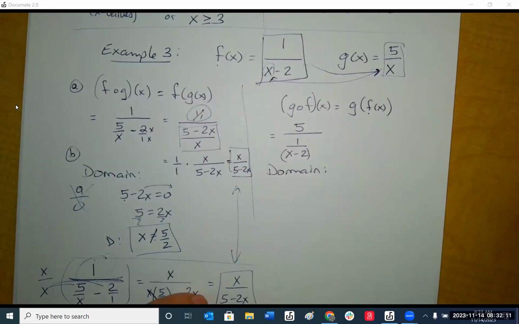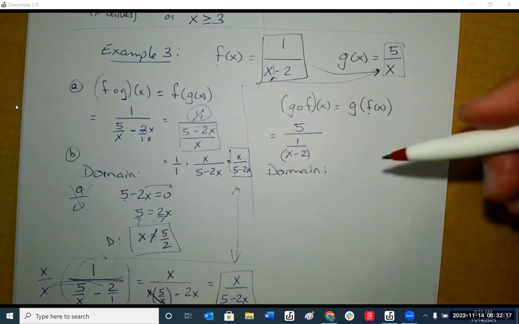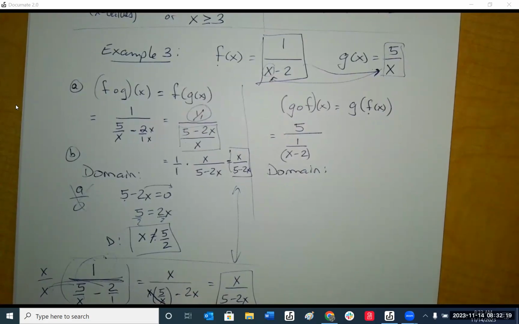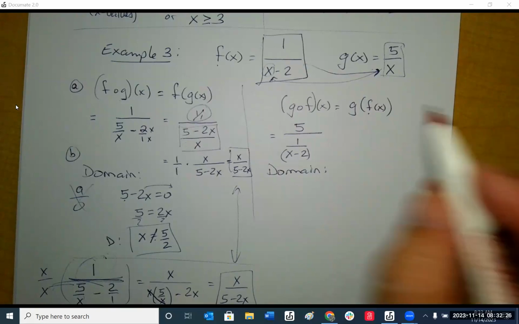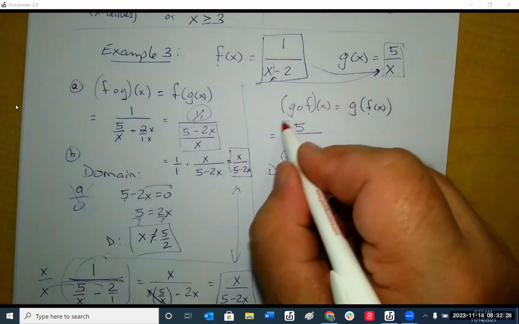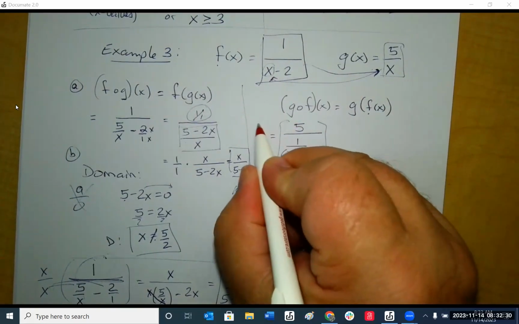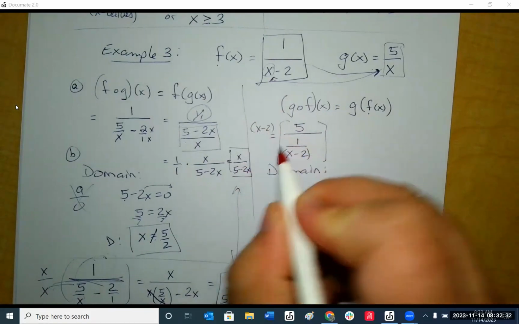Do you want to use the shortcut method or the regular method? Which one do you remember better? Shortcut? So what do you do for the shortcut? X minus 2, yeah. The LCD is x minus 2. So I multiply the top and the bottom by x minus 2.